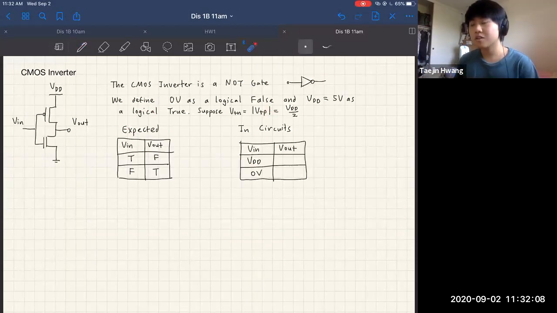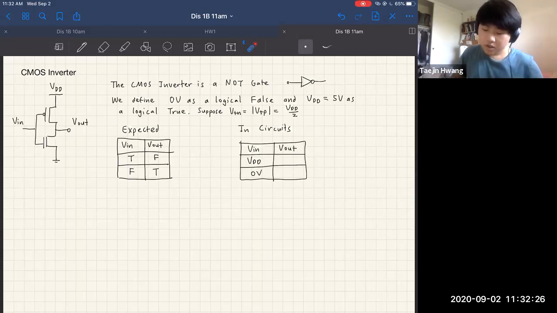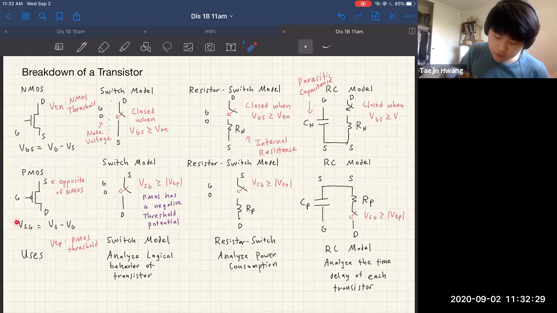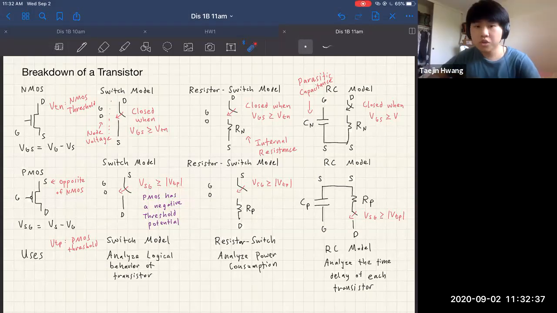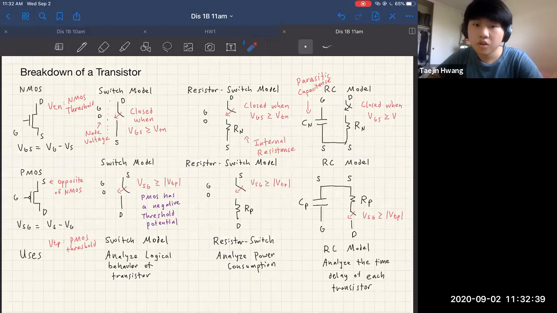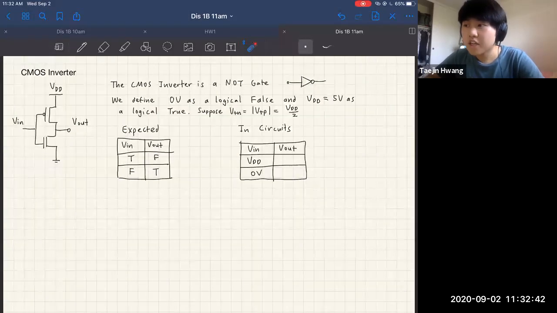It's because the way circuit designers built these transistors, the threshold of the PMOS is always negative, and it's confusing because in order for the PMOS to turn on, you have to be more negative than your negative threshold. So I always like to work with positive numbers. We take the absolute value, and whenever V source minus V gate is greater than this absolute value, which will always be positive, we say the transistor turns on. Does that help answer the question? Yeah. All right.